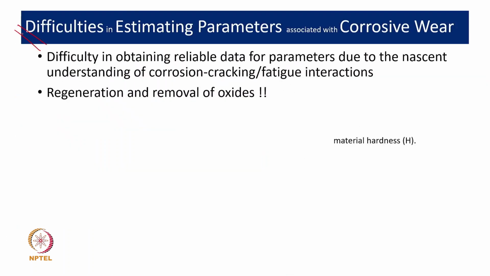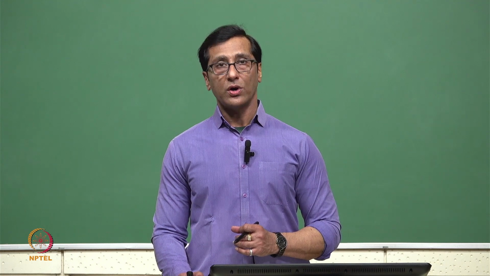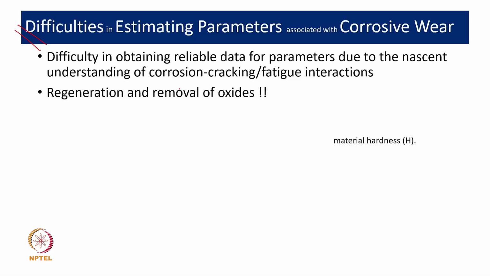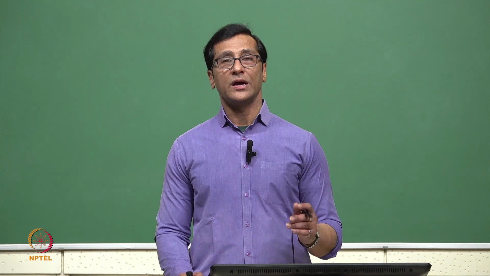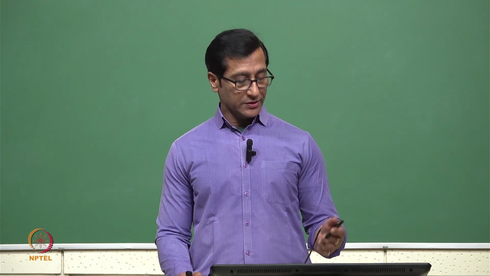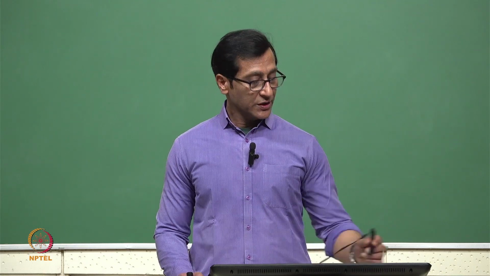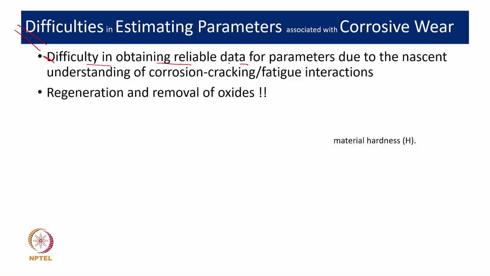Now, what are the difficulties we really face when making a predictive model? The major thing is that we don't have reliable data, and when you read through the literature, most of the data are different, most of the equations are different. So there is difficulty in obtaining reliable data for parameters due to the nascent understanding of corrosion, cracking or tribocorrosion phenomena.